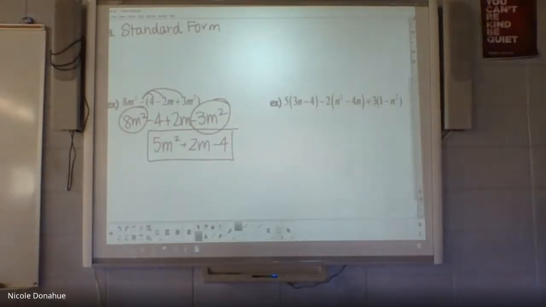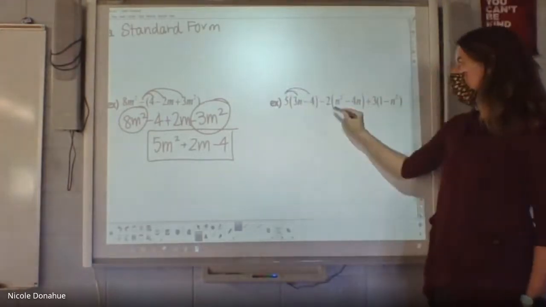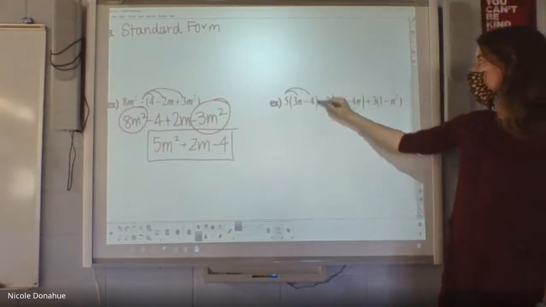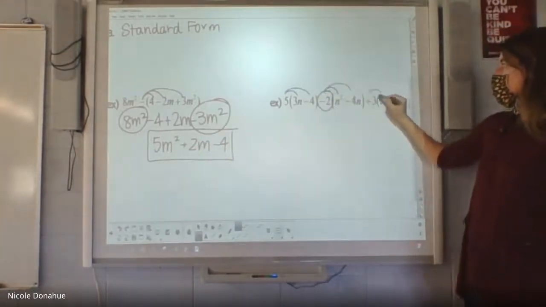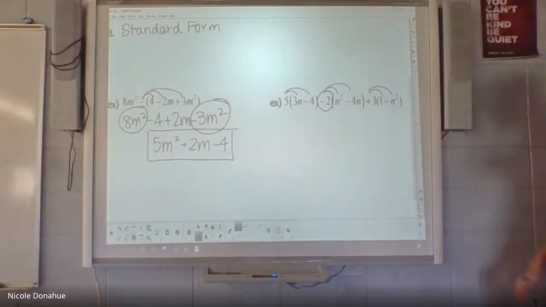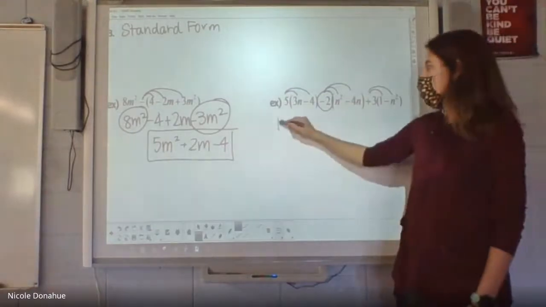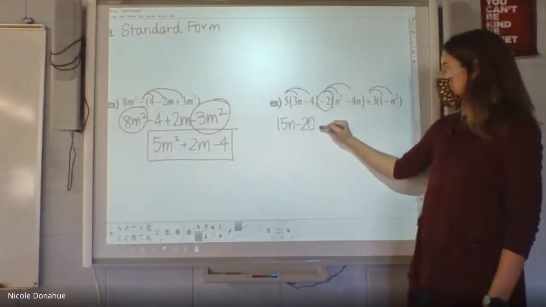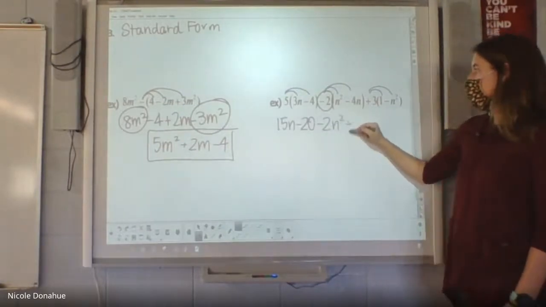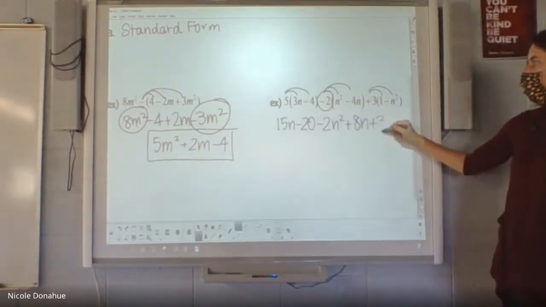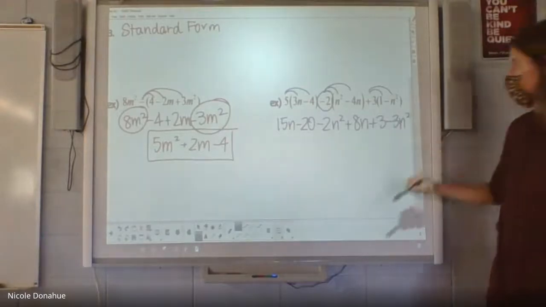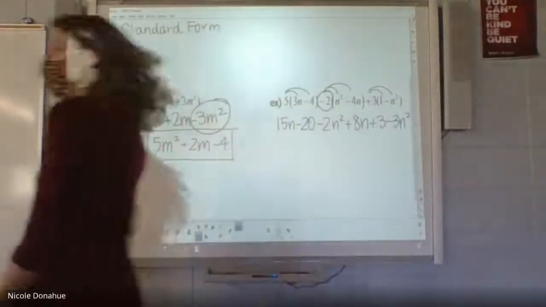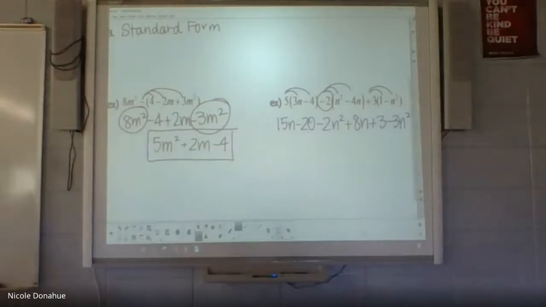All right, the next one, we can do some distributing. We're going to distribute the 5 here, and then what's next? Negative 2, very good, and then positive 3. Then we'll combine our like terms.